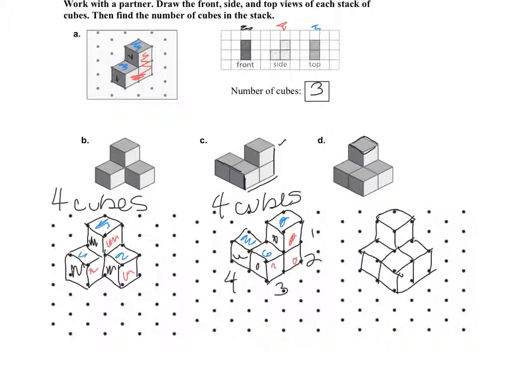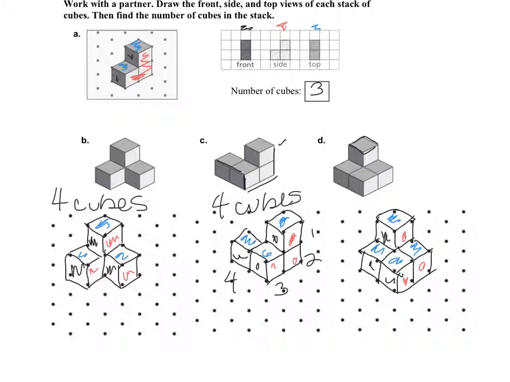And then we start coloring the tops of the blocks, or the cubes. There's the top of 1, 2, 3, 4, and then the fronts will color black, 1, 2, 3, and the sides will color red, there's 3.